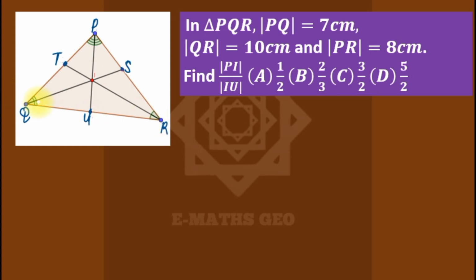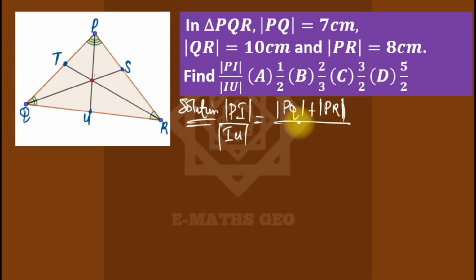Do you see? There is a property that if you are to find the ratio of the angle bisector, PI over IU is equal to the sum of side PQ and side PR over QR.